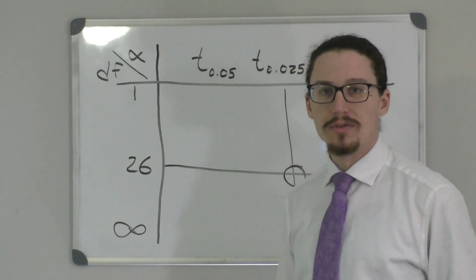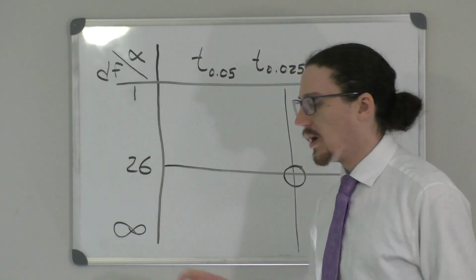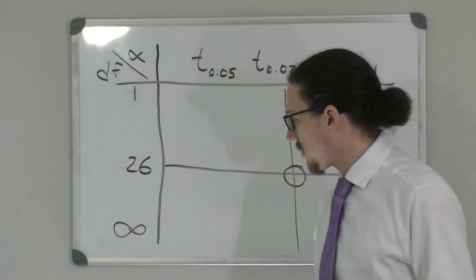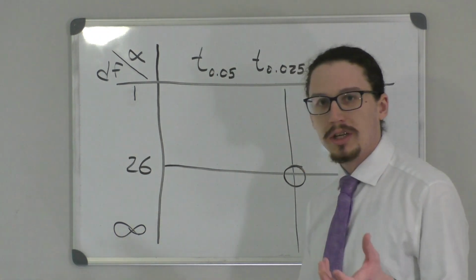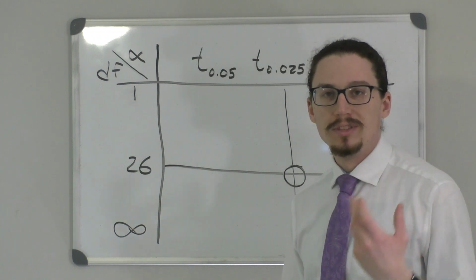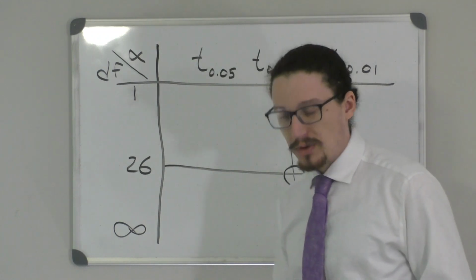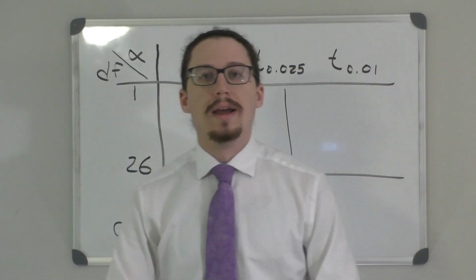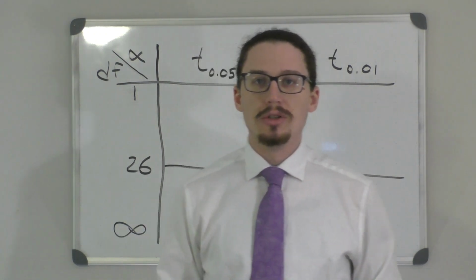Now they do have this row that is the infinite degrees of freedom. This is important because what we can do with this is we can use it to find our z's.